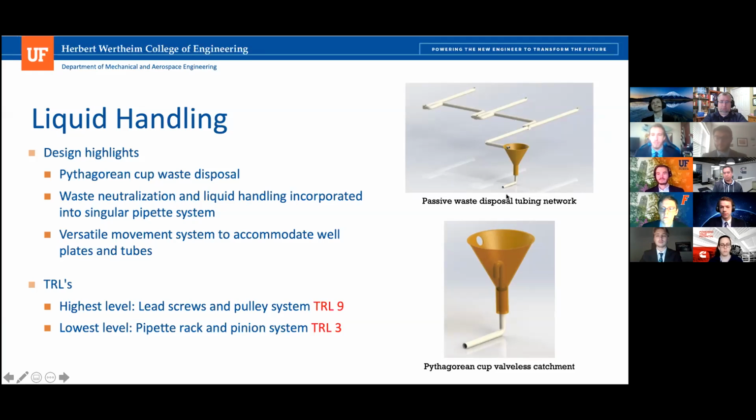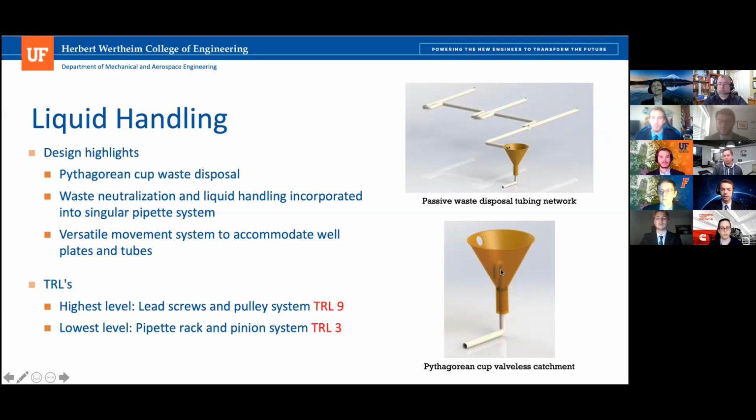As we dispense liquid waste from the culture monitoring experiments as they've concluded, and we're removing liquid from the well plates, we dispense it into the funnel. Once the liquid rises above that bend in the funnel, it ends up emptying through the tube and out of the system.